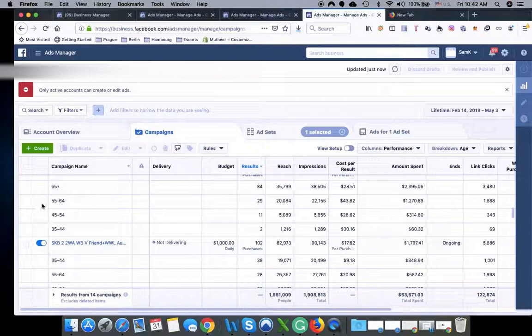Okay, so boom, 55 to 64 in this campaign, 43 bucks and 82 cents. That number is not the worst, but it's not great. The way to know the cutoff number is when you calculate the average order value.